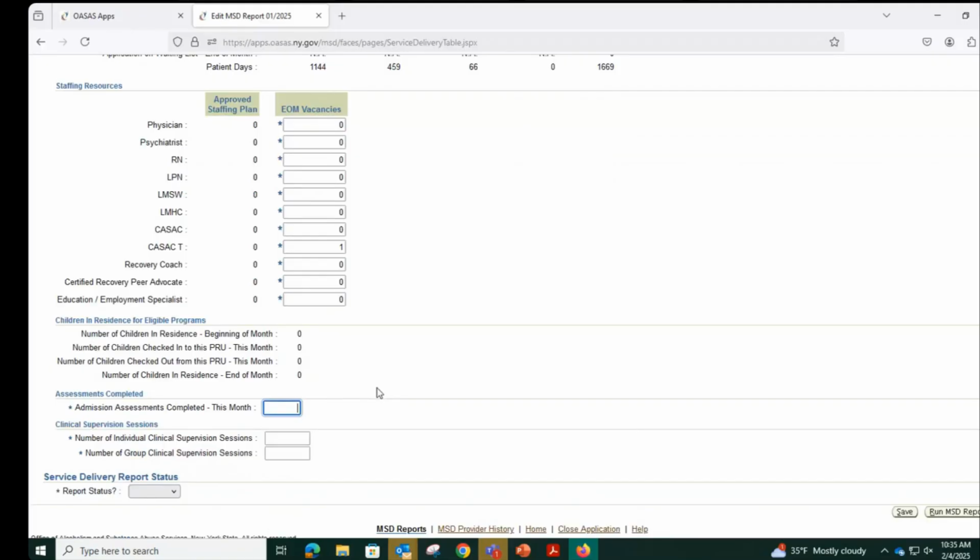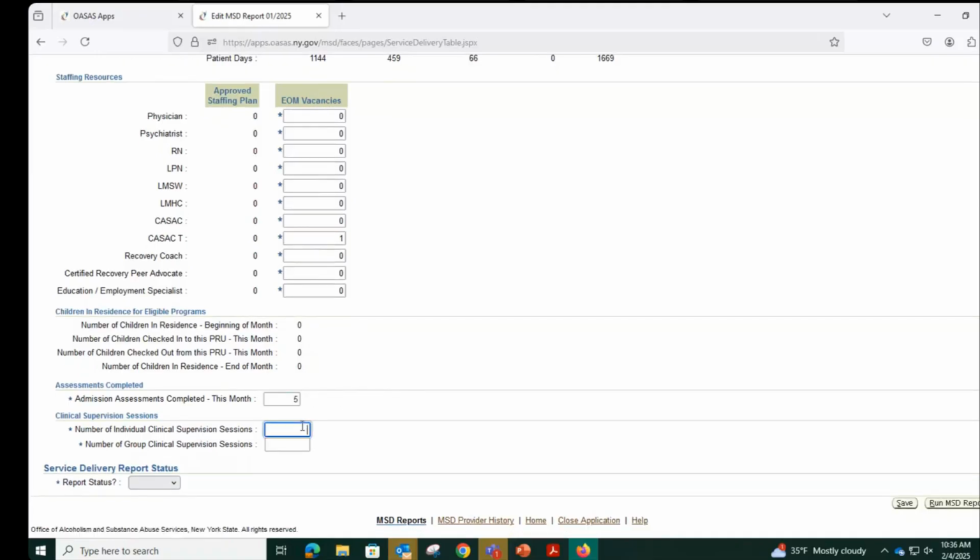This would include both people that you admitted as well as others that for some reason participated in the assessment process but elected not to be in your program or you felt weren't appropriate for this specific program. So I'm just going to put 5. And we go back to clinical sessions, supervision sessions, and we'll do 4.